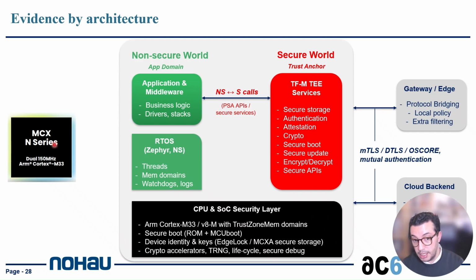If you follow the MCX N series, they are under EAL 6+, so this is very good for certification, especially for security. And of course, we don't forget about the connection with the gateway and the cloud backend, and how it is done. We are going to use Zephyr, so we are going to use TLS with a hardened configuration.